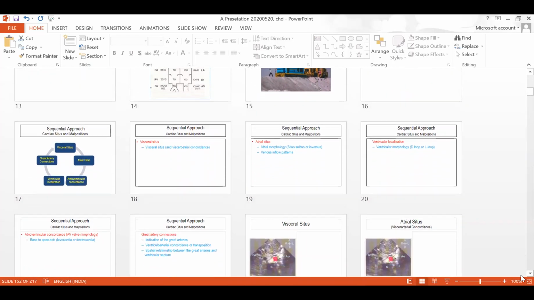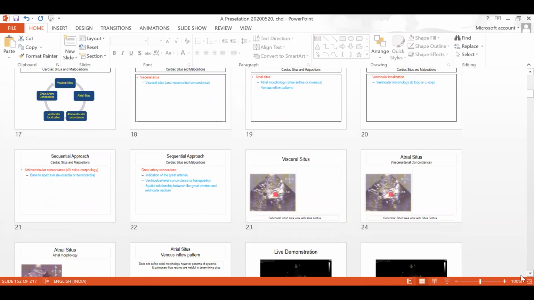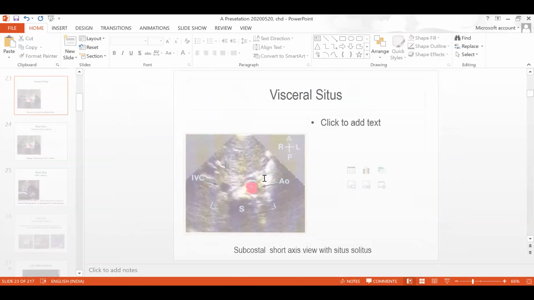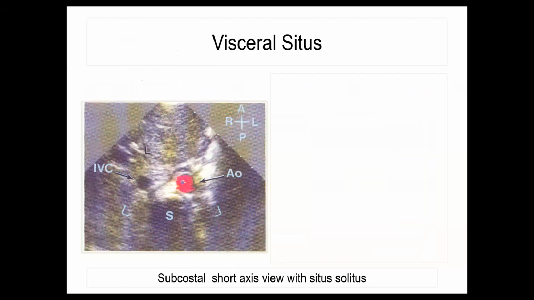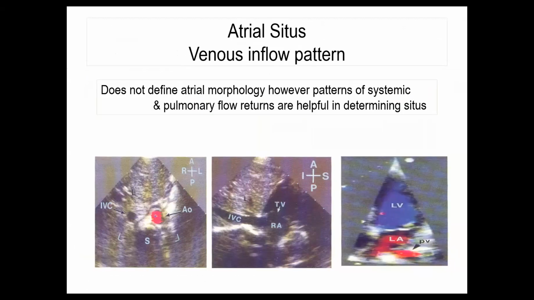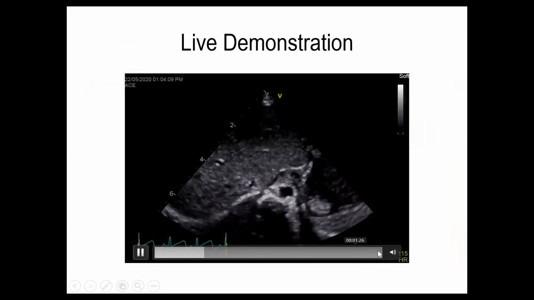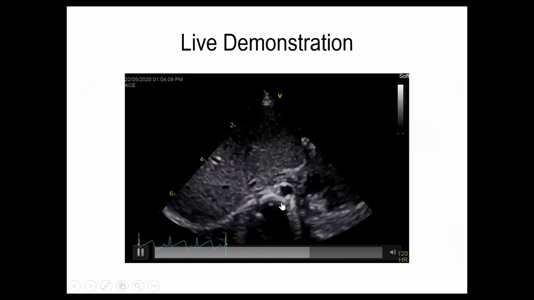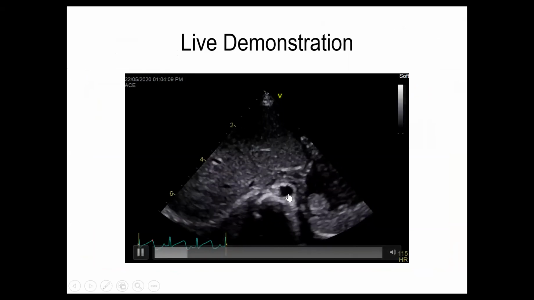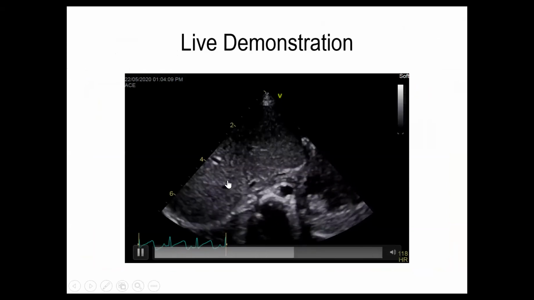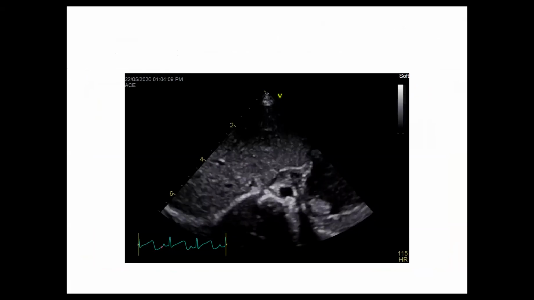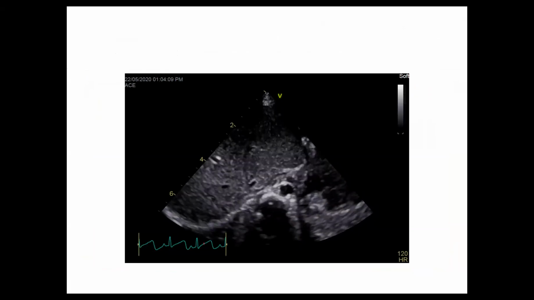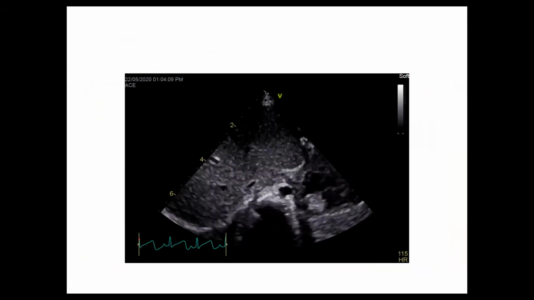First, situs solitus and situs inversus. When you put your transducer into the subcostal window, which is vertical, what you get is this is spine, this is descending aorta, and here is IVC. Correct? You can't see IVC right over here, but this is IVC.